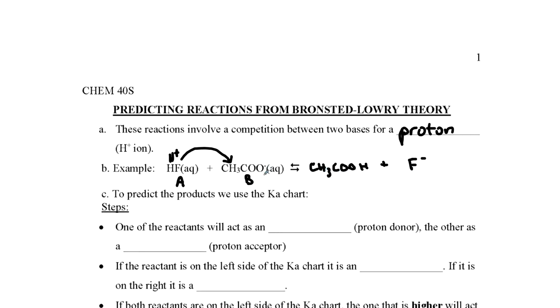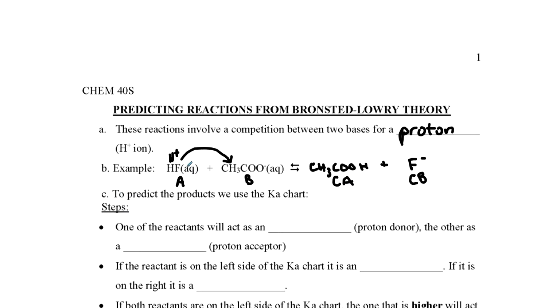So remember, you can always pair together. If this is your acid on the reactant side, then it's going to pair with this guy here, and this is going to become the conjugate base, okay? And these two pair together because you're always pairing the ones that differ by only one hydrogen ion. So this would become your conjugate acid.